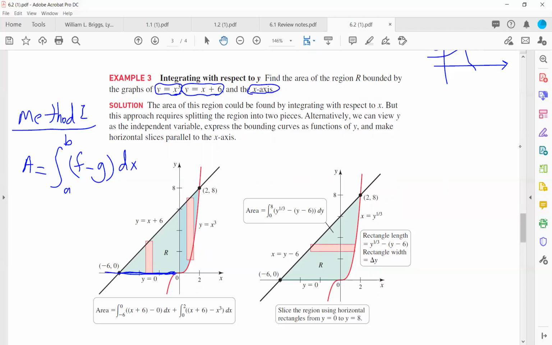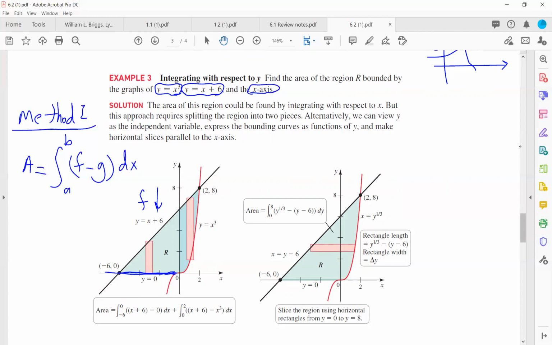Okay, perfect. So if we want to use the first method, it's like the previous example. Here, your function x plus 6 is a linear function. So the upper function stays the same. This is your f. But down here, you have two different functions.